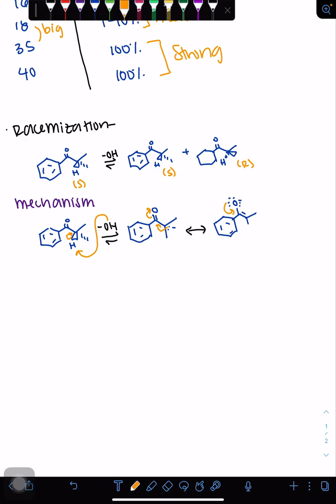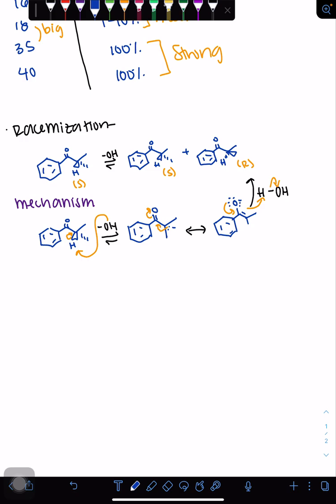And then if we react this product with H2O, this double bond is going to attach to that hydrogen, and then this bond is going to go back to that OH group to give us this R group compound.